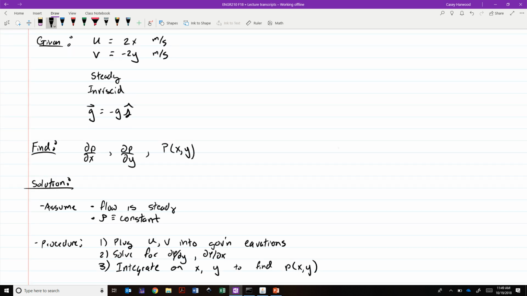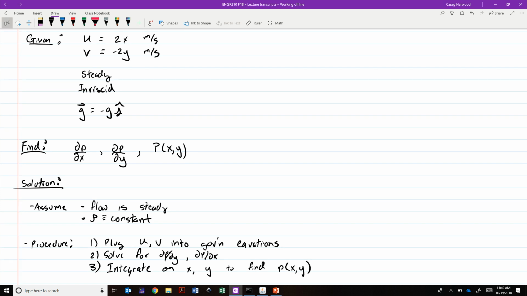So one of the things I always do in situations like this is I know that when I plug u and v into the governing equations, in this case the Euler equations, what I'm really plugging in is the product of u and du dx and v and du dy, etc. So I like to write out a little table ahead of time that contains all of the velocity gradients compiled in one location.